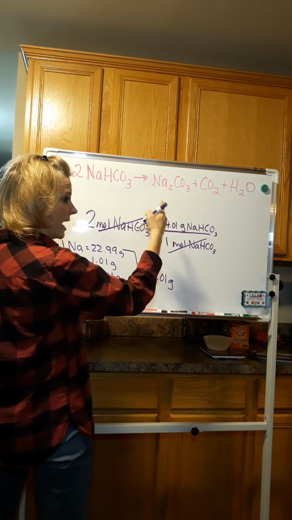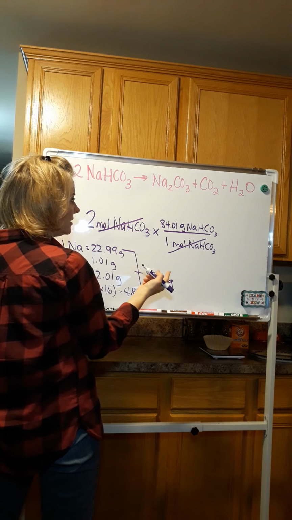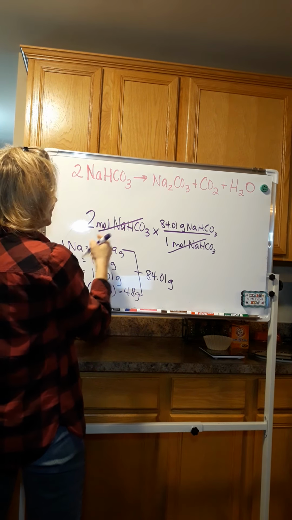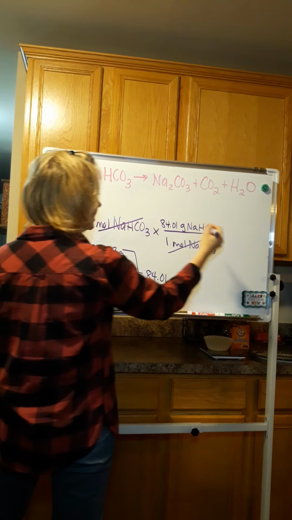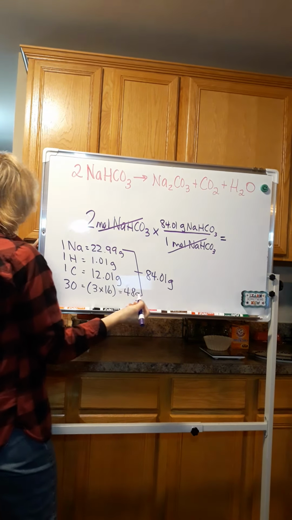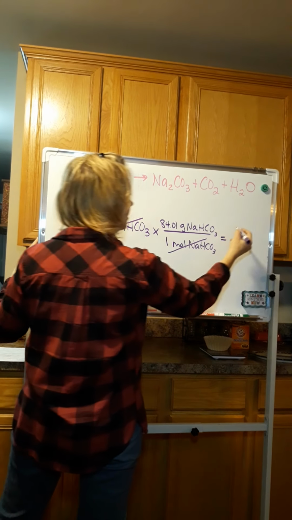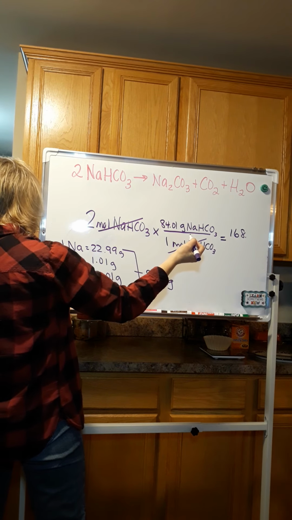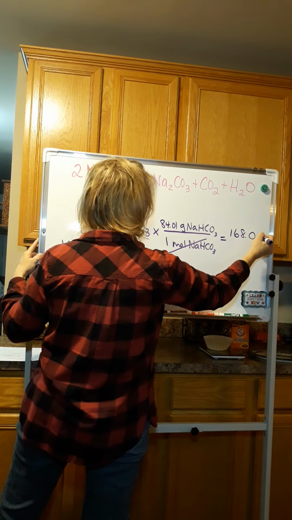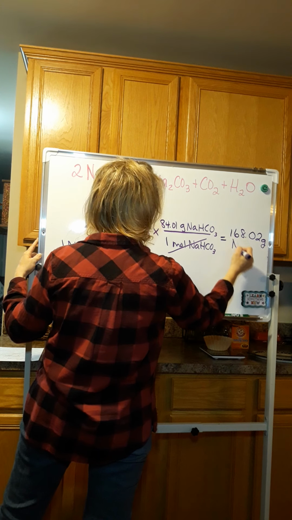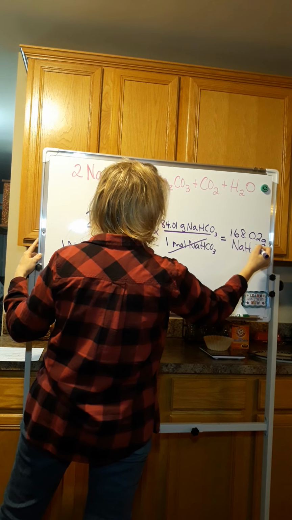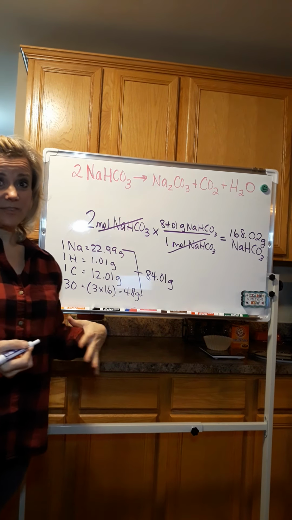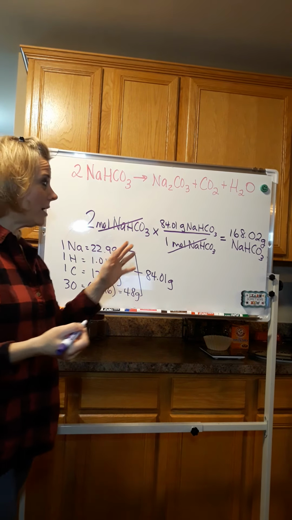I'm trying to figure out how much sodium bicarbonate I need to measure out in order to have 2 moles of sodium bicarbonate. So now I'm going to multiply 2 times 84.01, and I get 168.02 grams of sodium bicarbonate.